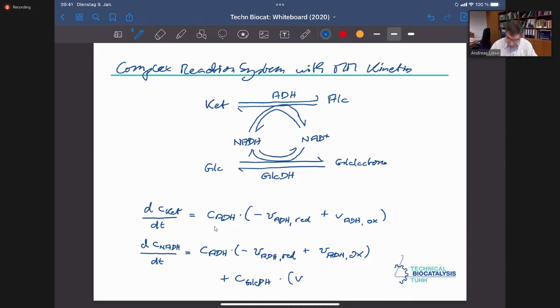Now it's being generated, rate of glucose dehydrogenase in the reduction mode minus, that's the consumption, reverse reaction of glucose dehydrogenase in the oxidation. Yeah, and with this, we have described the whole system, and we can now continue this for all reaction components.